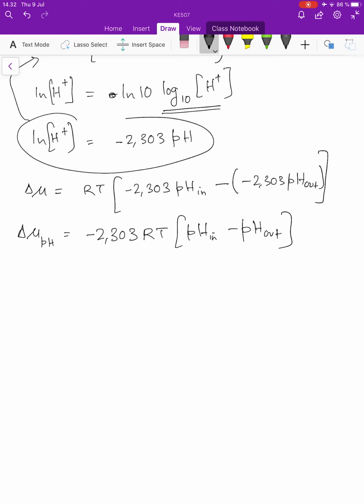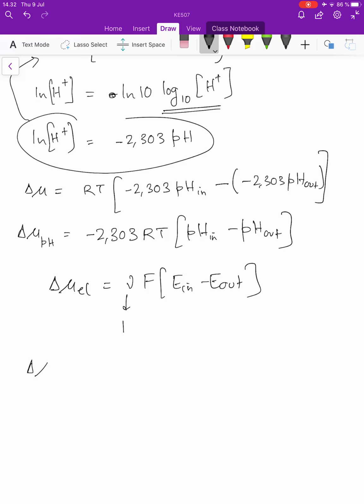You also gain free energy when a proton goes from the intermembrane space inside the matrix, because the potential outside is higher than the potential inside, and this difference in free energy is given by this equation. For the case of proton, this is equal to 1.